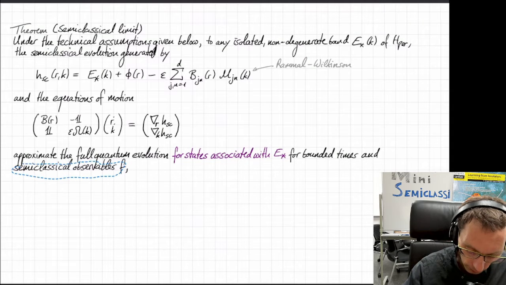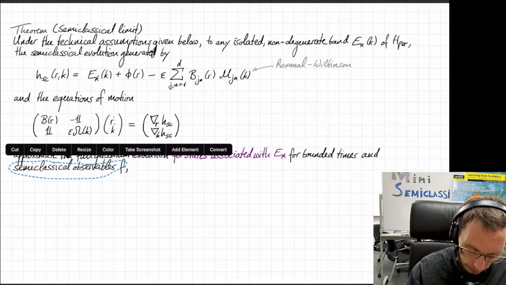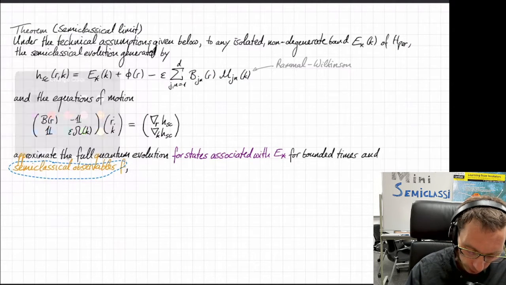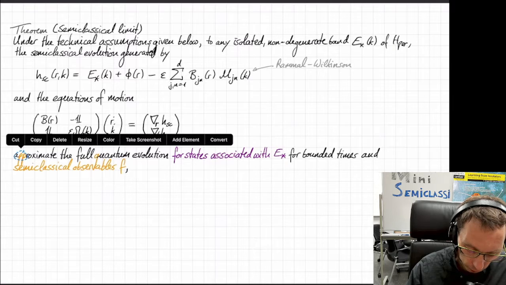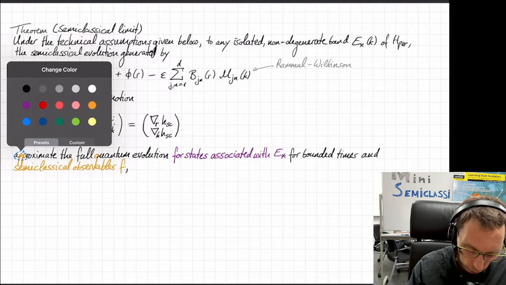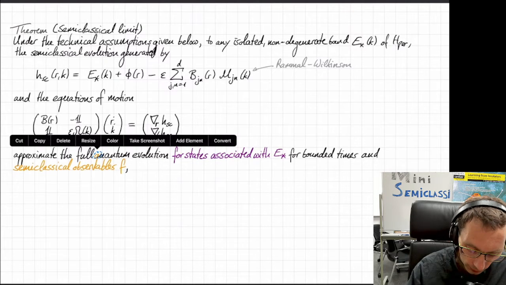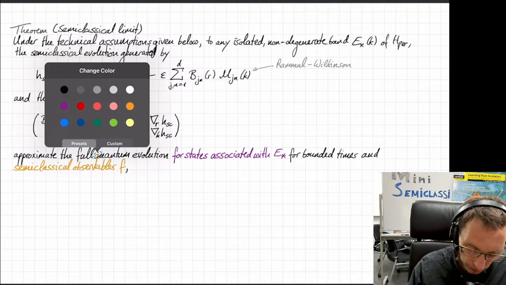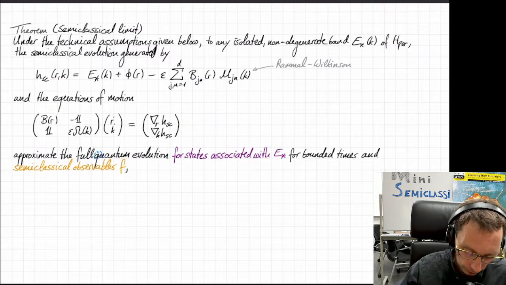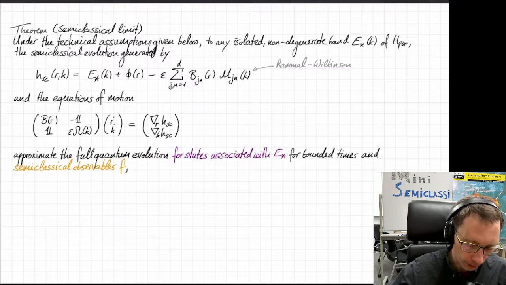This semi-classical observable is not some vague notion. In the literature that I'm relying on here, this has a precise mathematical definition. Later on I will give you a reference to it. It's not vague, it's just that I'm omitting the relevant function space.